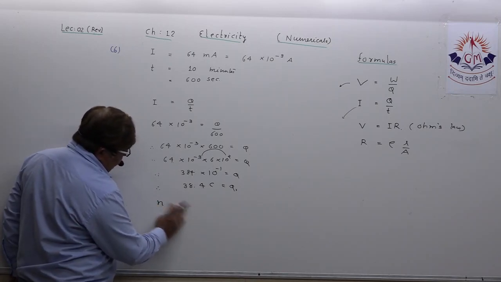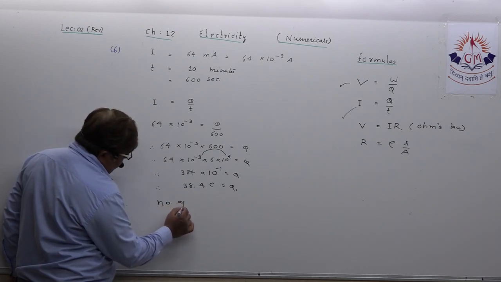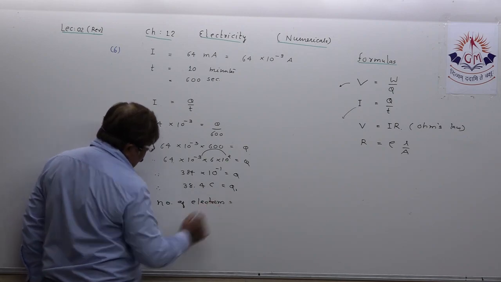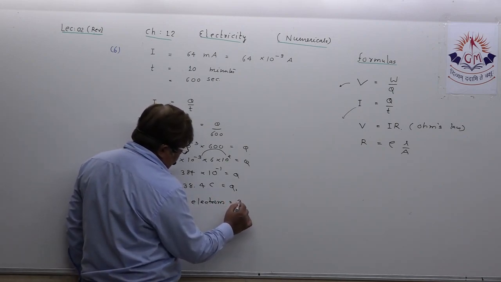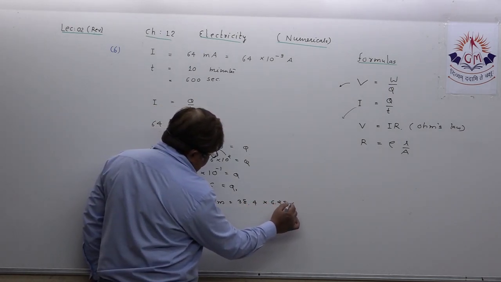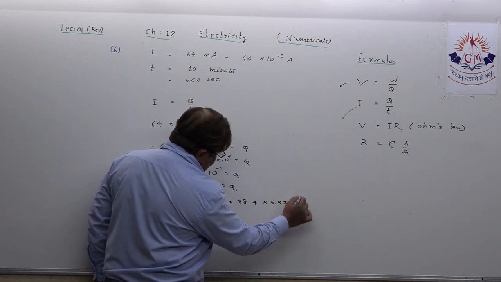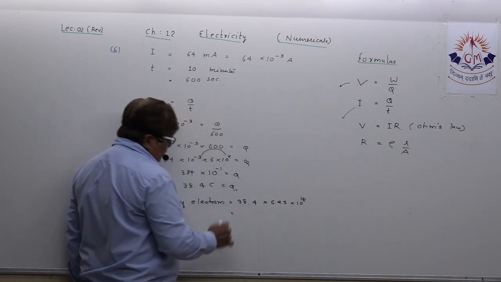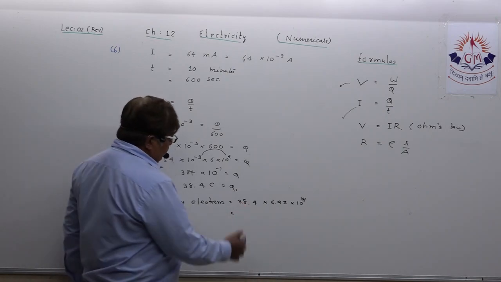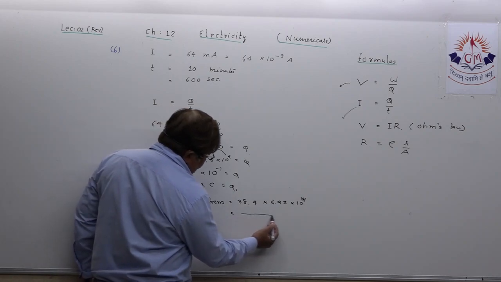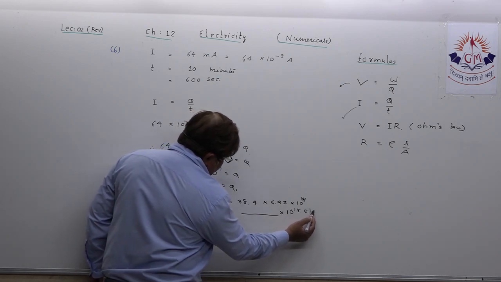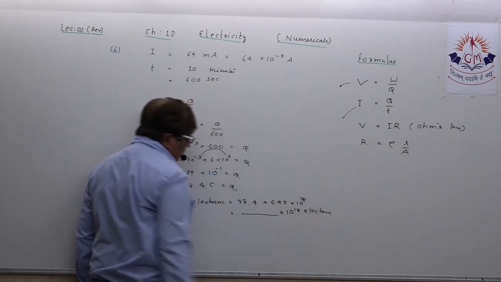You will simply write it this way: number of electrons equals 38.4 into 6.25 into 10 raised to 18. Now this is self study for you. Just multiply, and whatever you get into 10 raised to 18 electrons will be your final answer.